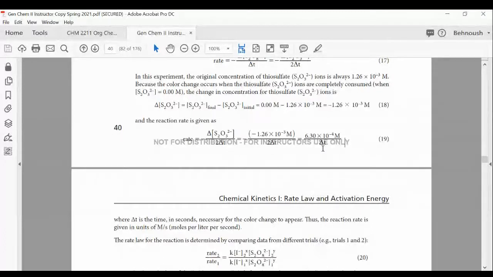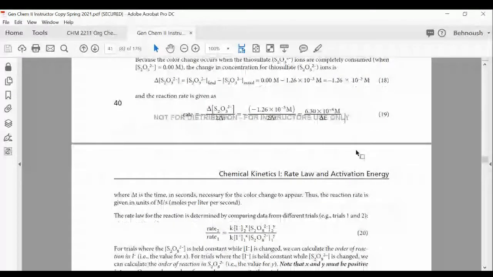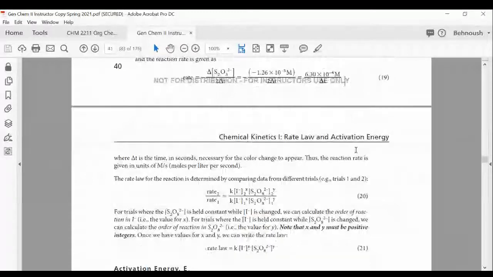How do you find the rate? You use equation number 19 to find the rate for each trial. Then, since you are doing at least 2 trials for each step, or using the table, you're doing 3 trials, you're using equation 20 to find the order with respect to one of the reactants at a time.